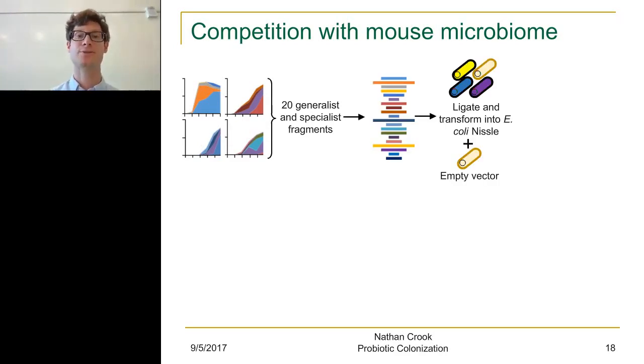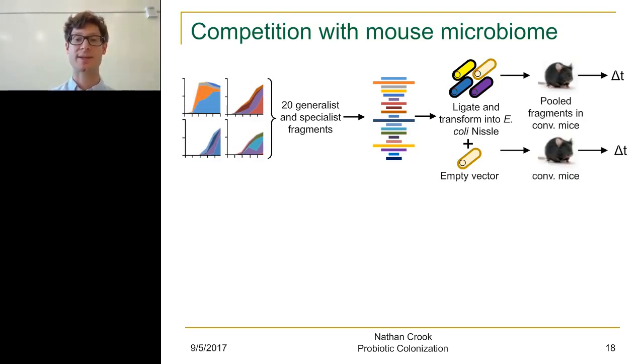This would allow us to account for any genome evolution that had occurred in previous experiments and just assay the actual fragment itself in terms of what it would do to colonization. And we compared this to the colonization of an empty vector containing E. coli Nissle in 2 separate arms of the mouse experiment. These mice were either containing the fragment library itself or the empty vector wild type Nissle.